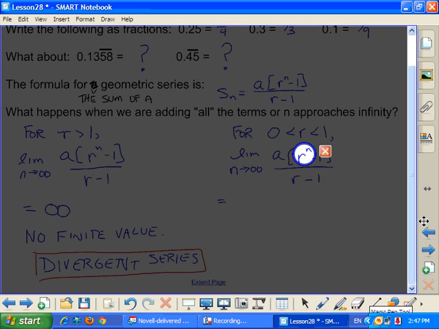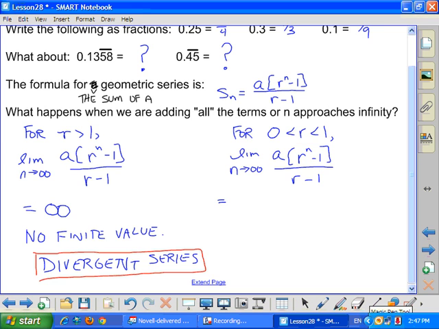We're getting very close to becoming 0. So it drops out of the equation altogether, and we're left with a multiplied by -1 over r minus 1. And the formula I typically use in this case, or what it reduces down to, is a over 1 minus r. And that is the formula for the sum of an infinite sequence or series.